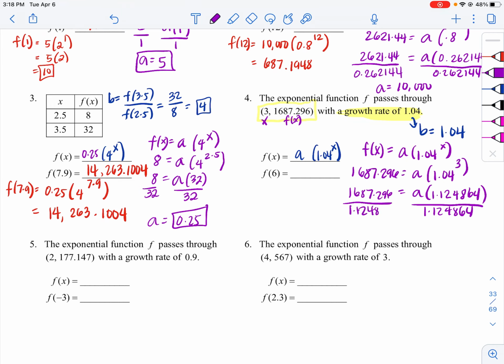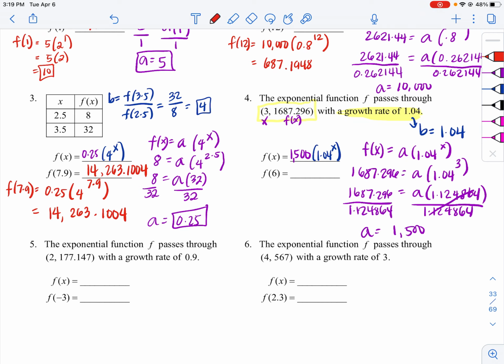But what if I made a typo or something? Okay, so if I divide that, I'll end up with a equals, those ugly numbers produced a very nice number, which is 1,500. So my a value, I'm going to delete that, is 1,500.